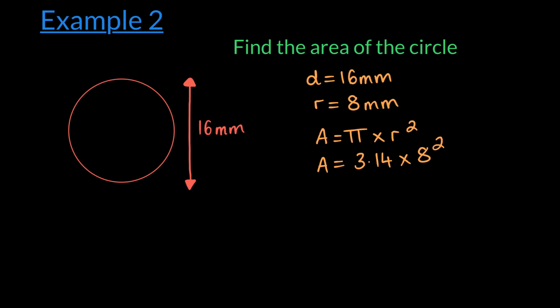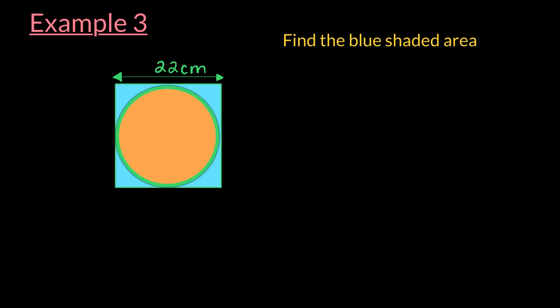And again, make sure you're comfortable putting that in your calculator, and if you can't find any of the buttons or you don't know where anything is, please get in touch with me so that I can get that sorted quickly. So A equals, when you work that all out, 200.96, and it's square millimetres. So just make sure as well that the units that you're given in the question match up with the units that you're using in your final answer. Okay, and it's that easy.